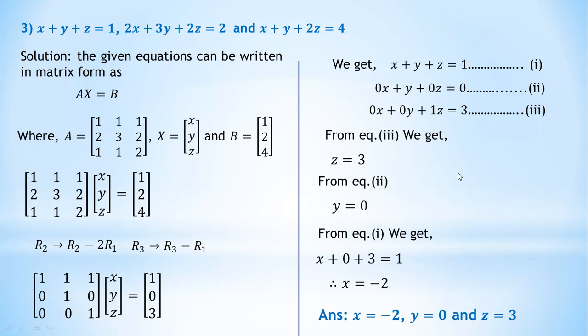We have to write the coefficient matrix, we have to convert the given equations into matrix form, and try to perform the row transformations so that we will convert the given matrix of coefficients into an upper triangular matrix, and our main aim is to get the values of x, y, or in case of three equations we require the values of x, y and z also. Okay, so this is all the information about the reduction method.